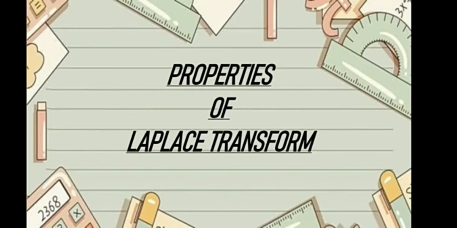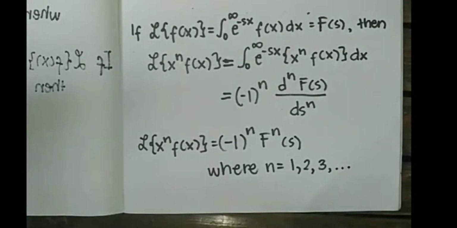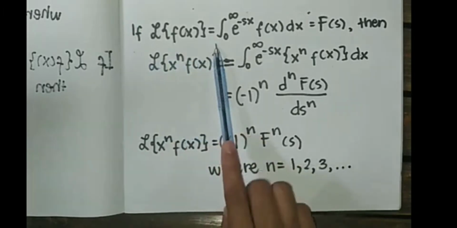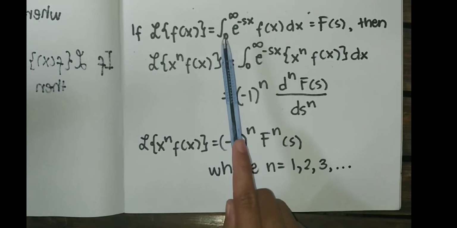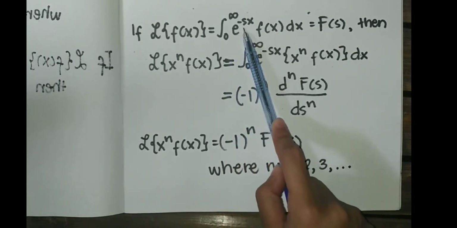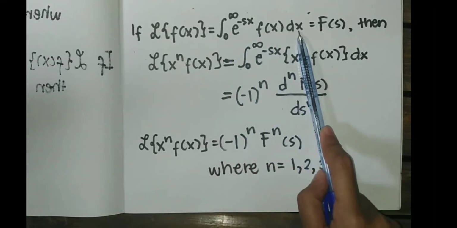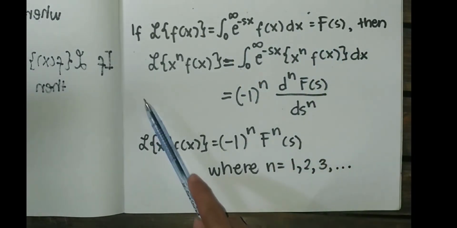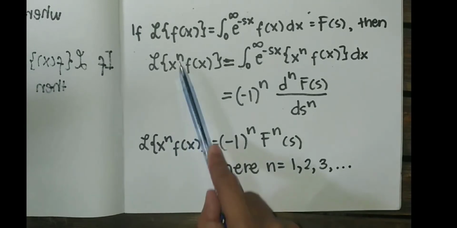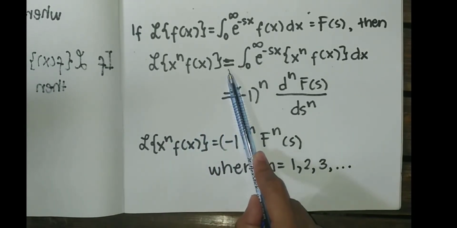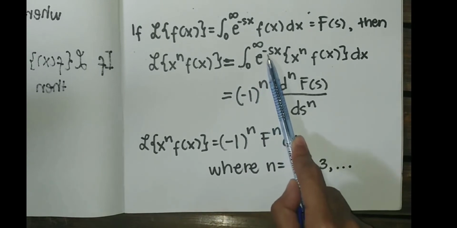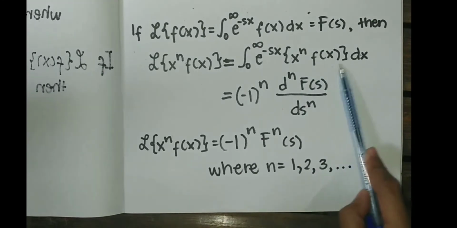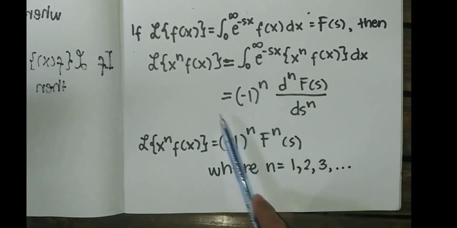Now let's proceed to the properties of Laplace transform. If the Laplace transform of f of x, which by definition is the integral of e raised to negative sx f of x dx from 0 to infinity, is equal to F of s, then the Laplace transform of x raised to n f of x is equal to the integral of e raised to negative sx multiplied by x raised to n f of x dx from 0 to infinity.